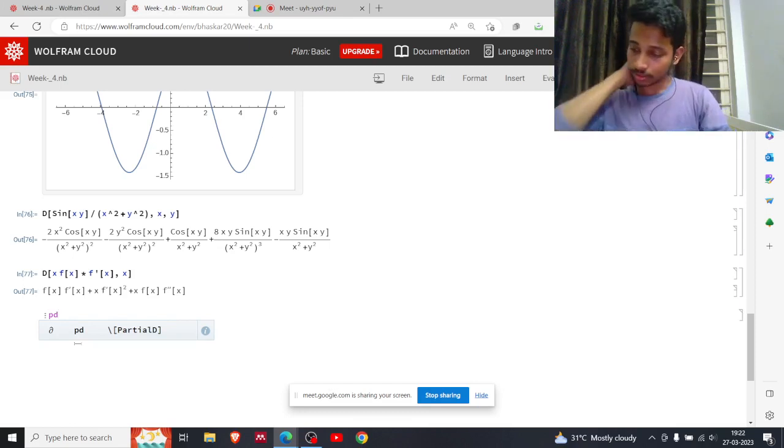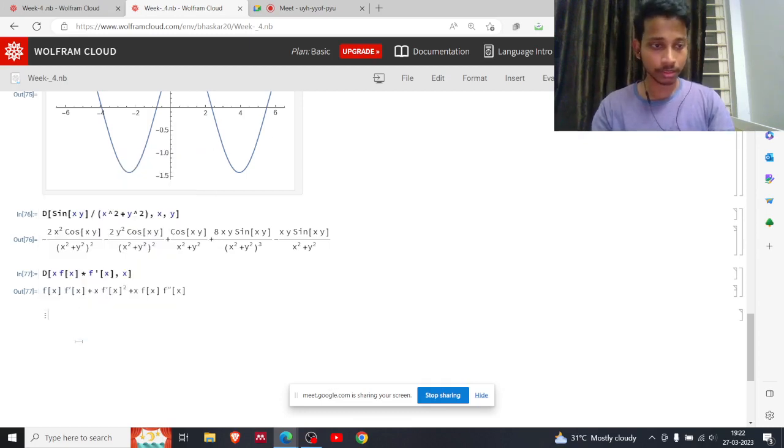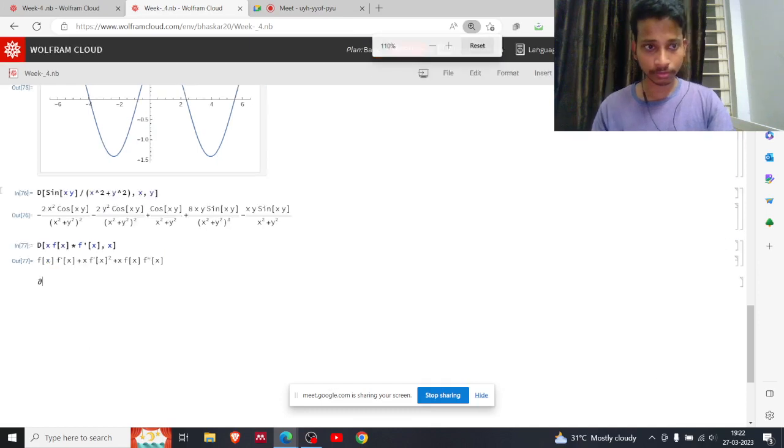Again we can do the partial derivative of a function. That we can get using this escape pattern, which will give you this 3 dot, then you have to write pd, which will give this partial d, then again the escape.